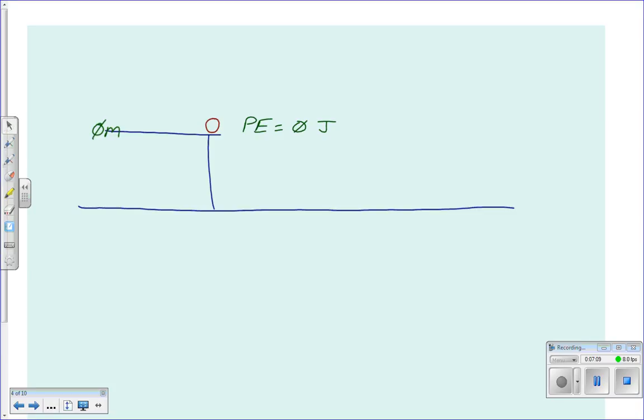If we lift that object up to some height above the reference level, the table, well, now it has a potential energy equal to the object's weight, or mass times gravity, and the height that it is above the table.